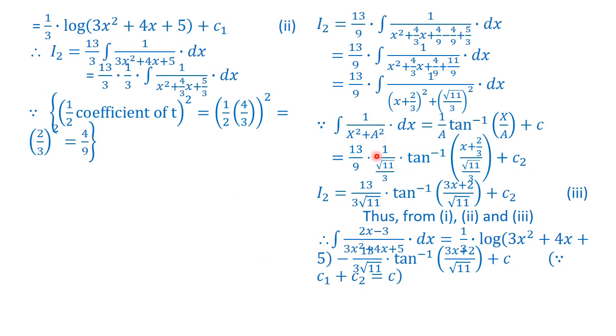Again, see students, this is one more lengthy example, not tedious, not complicated, only lengthy. And why is it lengthy? Because some calculations are there, and if you solve it your own way, then you may have a few steps more than this also.